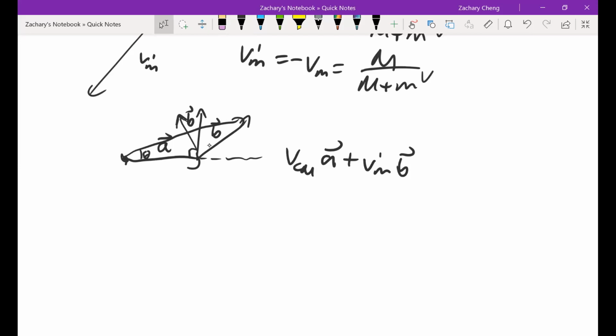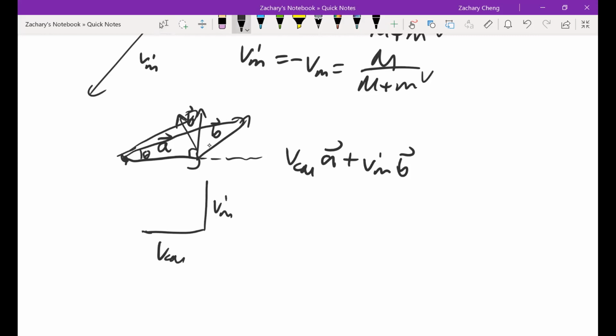So now we know that to maximize this angle, we would have to make A and B perpendicular. And so we can see it would look like this. The magnitude of the side in the A vector direction is just VCM, and this is vM prime.